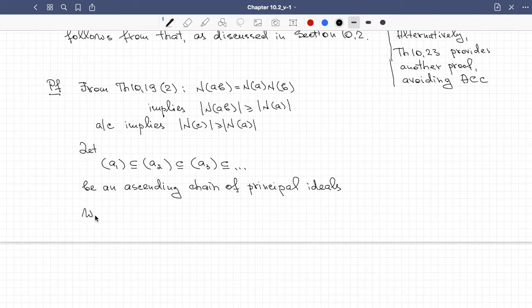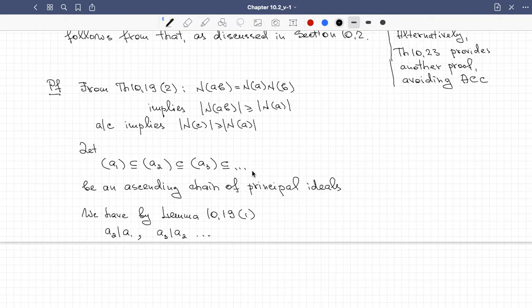So we have, by lemma 10.19.1, that A2 divides A1, A3 divides A2, and so further. So every next one divides the previous one.